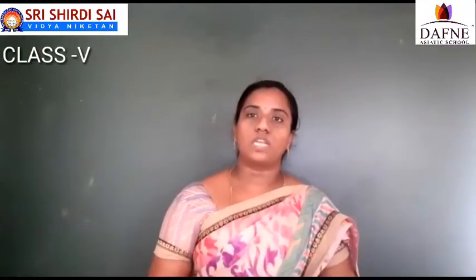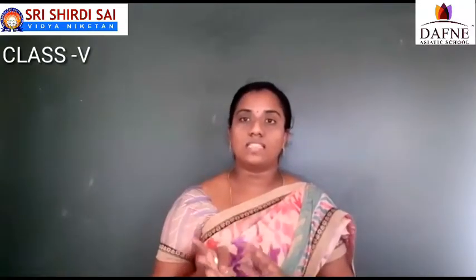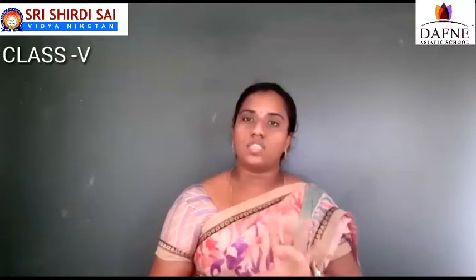Children, now your home task is on what we have learned up to now. If I give a number, you have to write it in the Indian system. You learned the place value chart of the Indian system, the expanded form, the short form, what is meant by place value, and what is meant by face value. So on that only I am going to give home task.